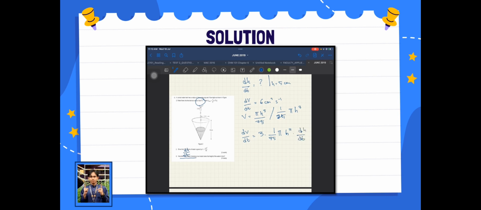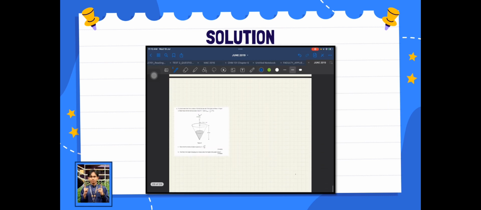So we can simplify this, and lastly we can find that our dV/dt here is 1/25 πh² multiplied with dh/dt. So dV/dt is 1/25 πh² dh/dt.